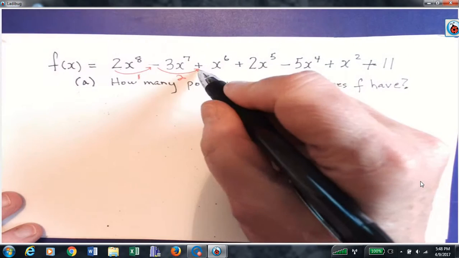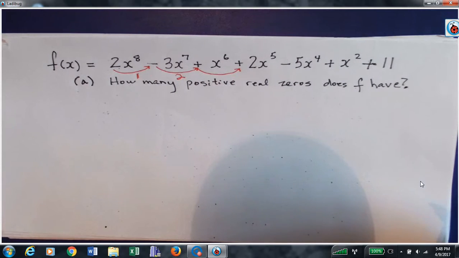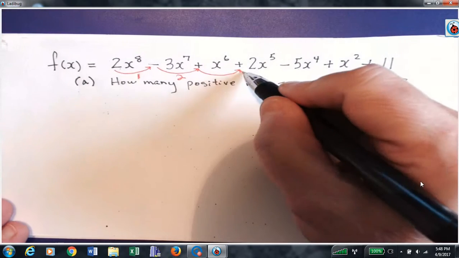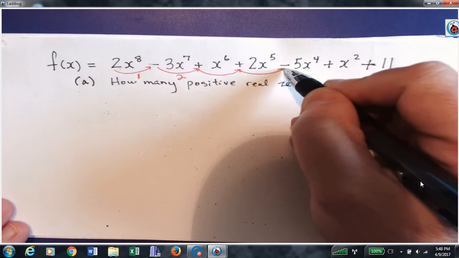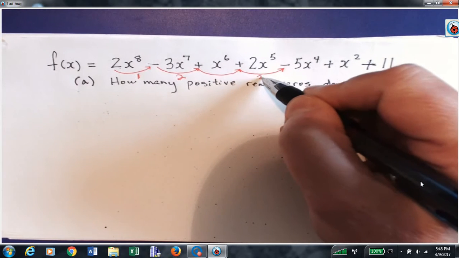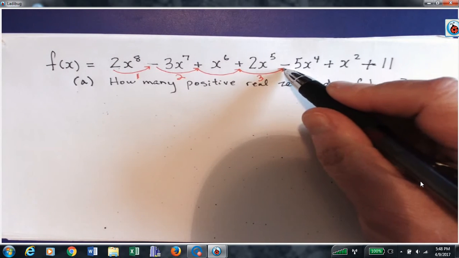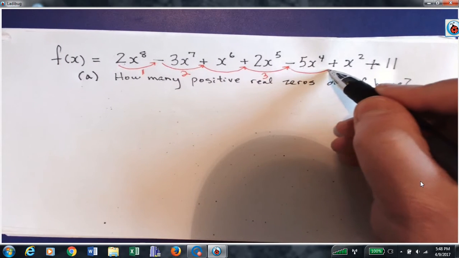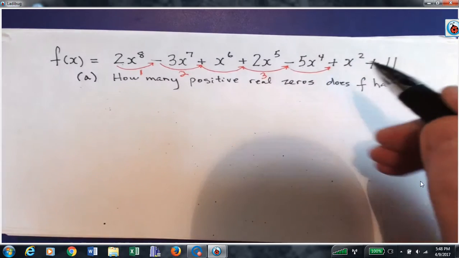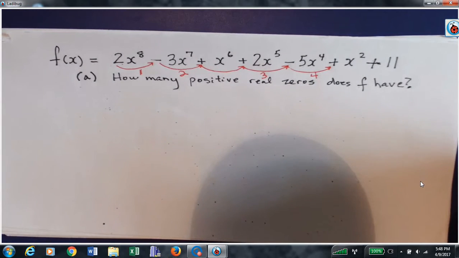Now, going from here to here, I go from positive to positive. So there is no change there. So I'm not going to count it. When I go from here to here, I go from positive to negative. That's another change of sign, and it is my third change of sign. I keep going, negative to positive. That's another change in sign, and that brings me up to 4 changes or variations in sign.